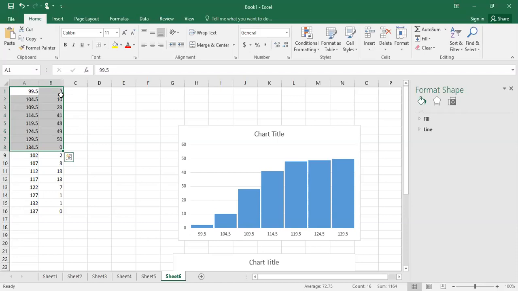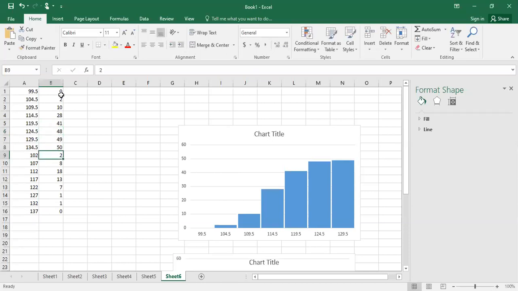Oh, I missed something here. Here is 0. Here is 2. Here is 10, 28, 41, 48, 49, 50. The first one was 0 because there was no value before 99.5.